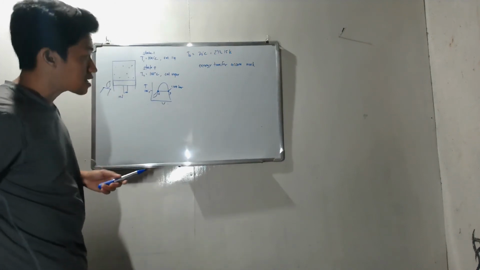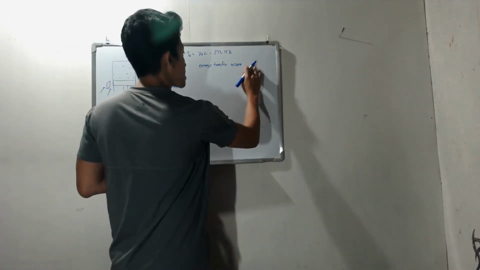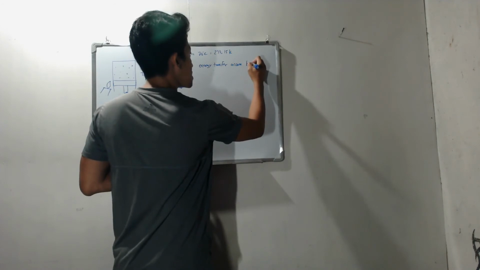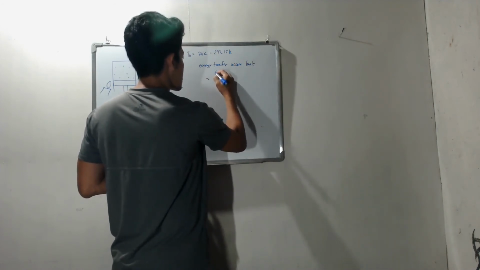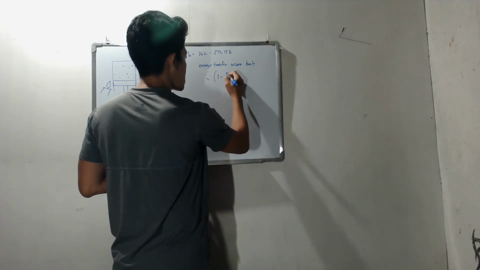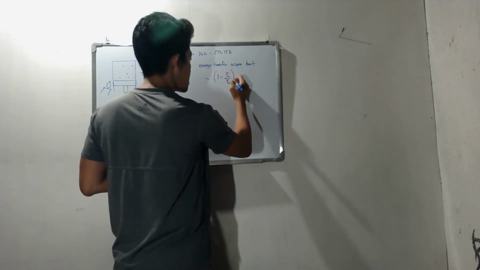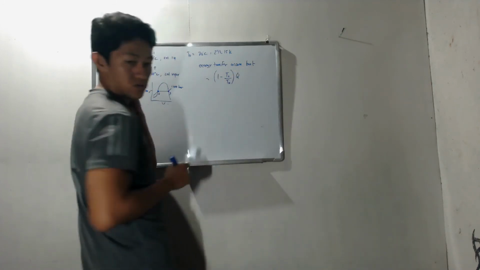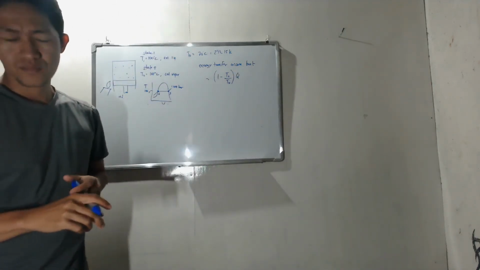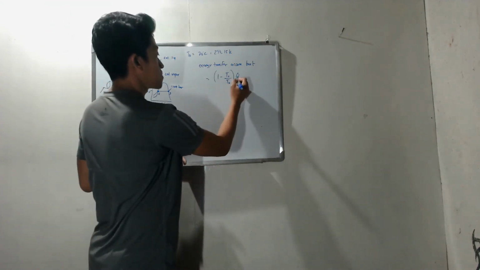And then exergy transfer by heat. Again, the equation is (1 minus T0 over Tb) times Q, or Q over m.